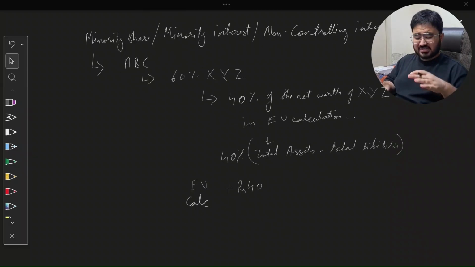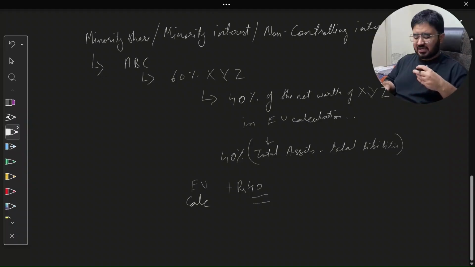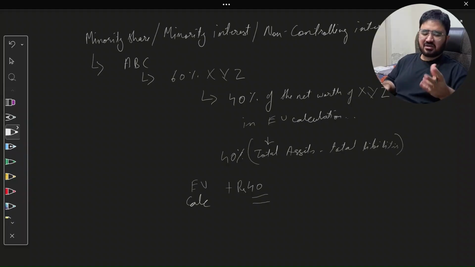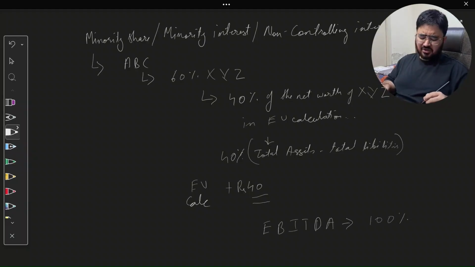To tell you very simply again, if you have not understood it, we are only adding it because due to accounting standards, we have already included 100% of the EBITDA of the subsidiary in our calculation. So when we will be dividing by the EBITDA, we have included 100% of the EBITDA of our subsidiary company, which we actually don't own.